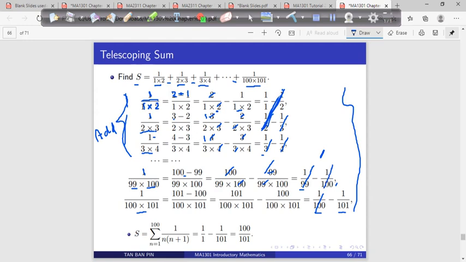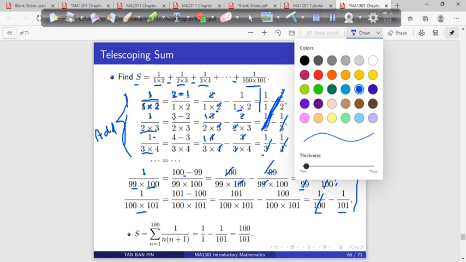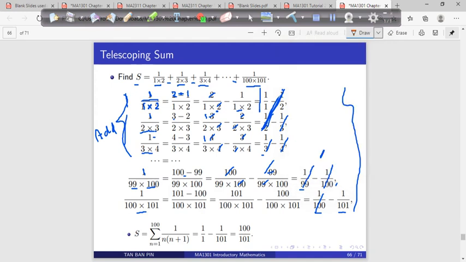So what is left would be just this part. 1 over 1 and minus 1 over 101.